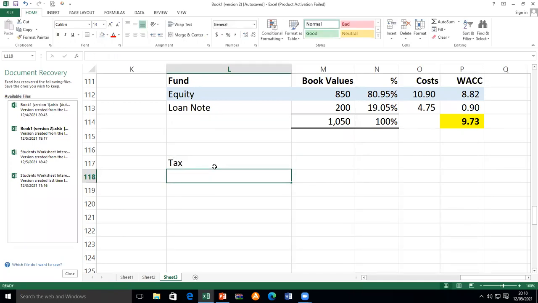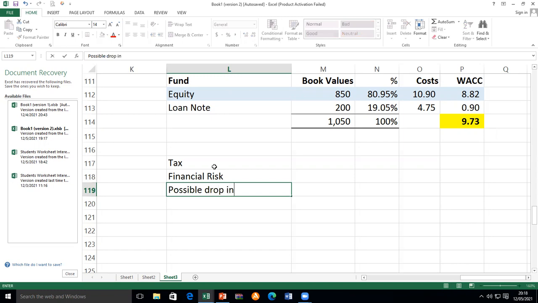There is no tax benefit. What else? Financial risk will be low. Another one, possible drop in EPS.